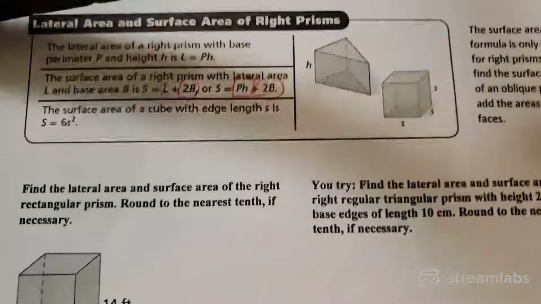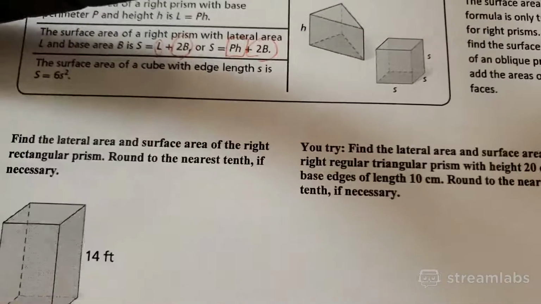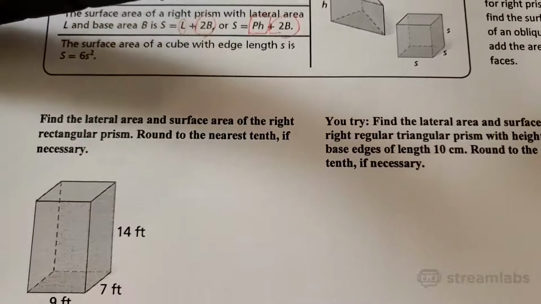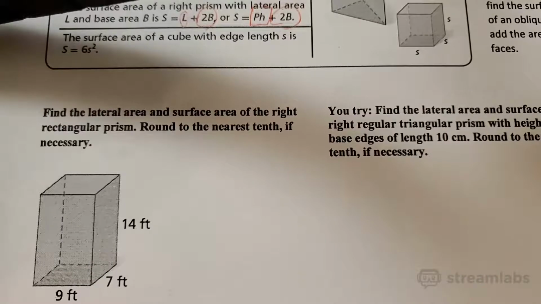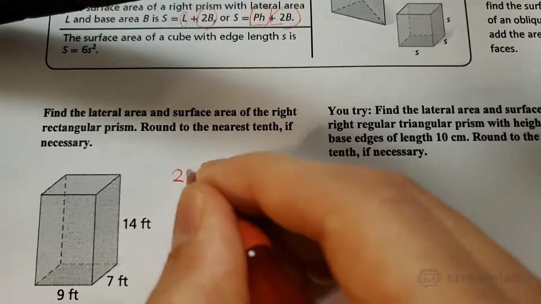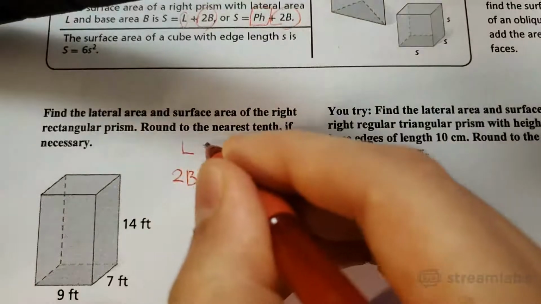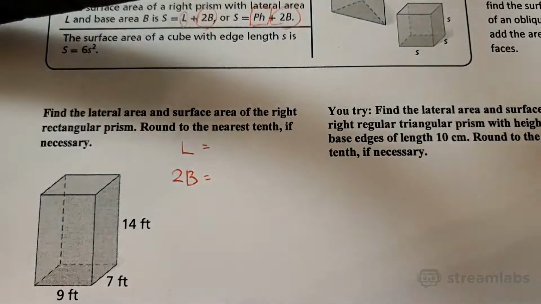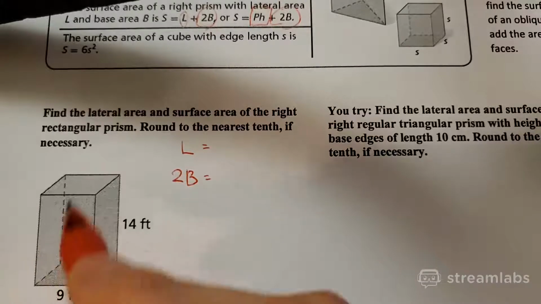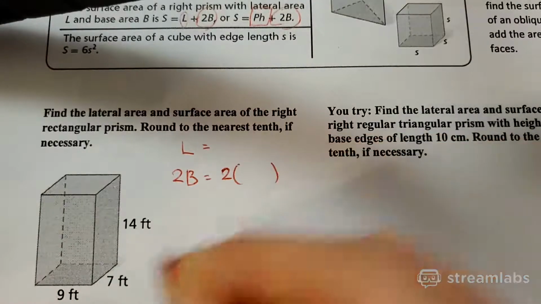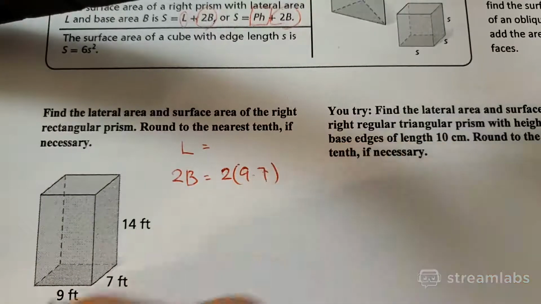If we look at this, find the lateral and surface area for the rectangular prism. So rectangular prism looks like this. We know that you need to find 2 bases and you need to find lateral area, right? If you look at these 2 as bases, there will be 2 times 9 times 7, because your base is a rectangle.